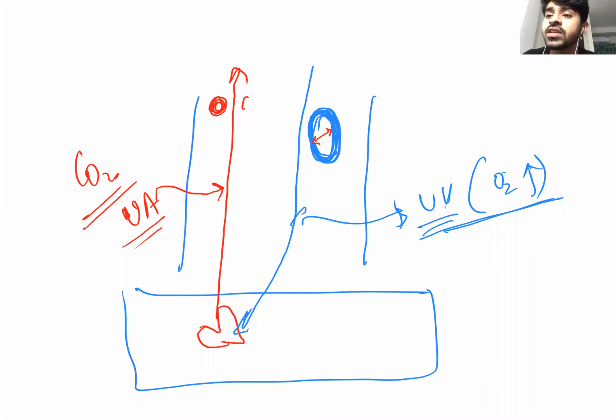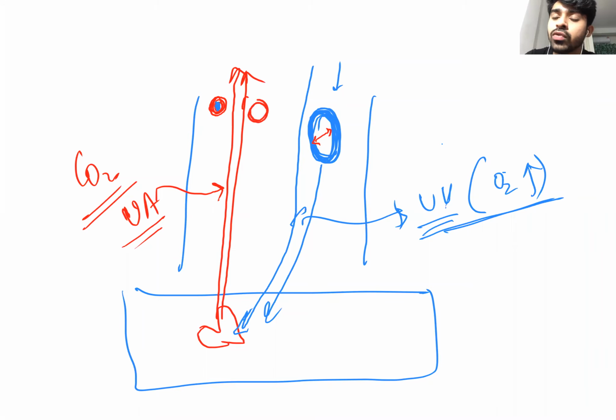So what is the take-home message? Very, very important. Suppose this is the size of the lumen, this is the size of the vein. So your vein can hold a huge amount of blood. You are receiving this blood, so to send the same amount of blood, should you have one artery or two arteries? Two arteries.